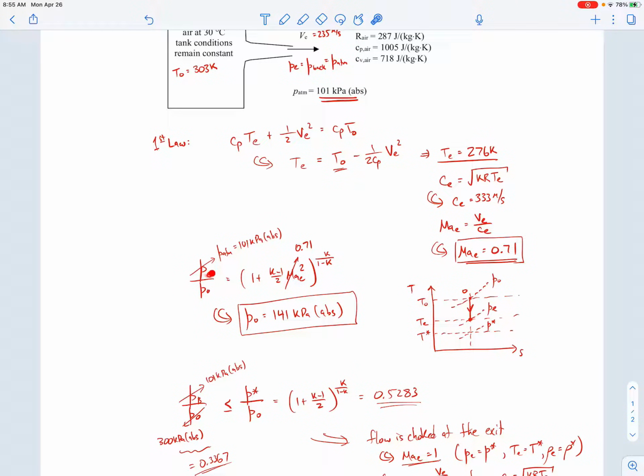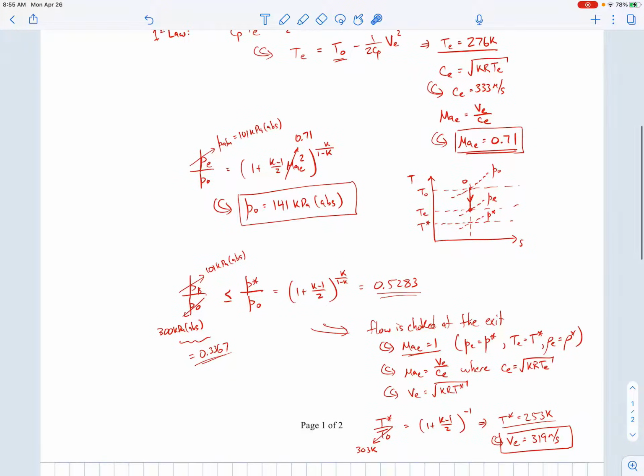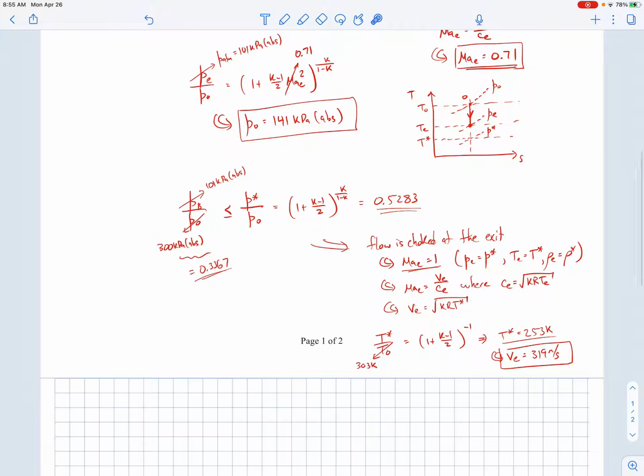So you would have the exit pressure, that's the back pressure, and the tank pressure is given, that's P naught. You could solve this for the Mach number at the exit. And once you have the Mach number at the exit, you could find, for example, the temperature at the exit using an expression that looks like this, similar to what is written right above it.